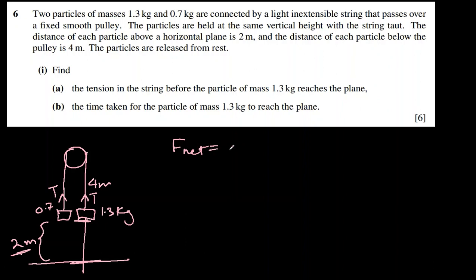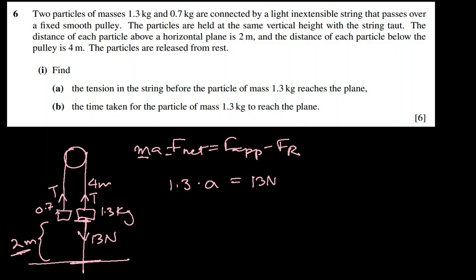F net equals applied force minus resistive force, as usual. F net is ma, so mass for this one is 1.3 kg times the acceleration of the system, which we don't know. Applied force for this 1.3 kg will be its weight, which is 13 Newton.